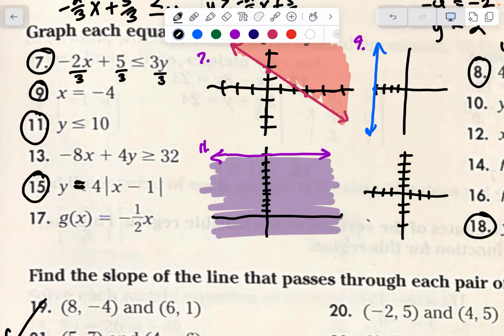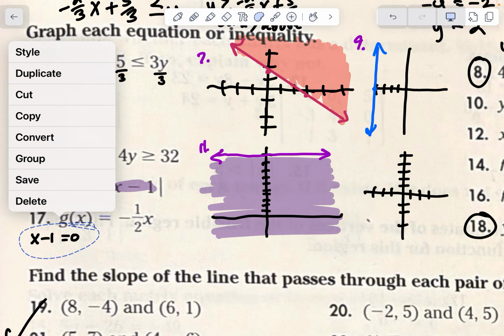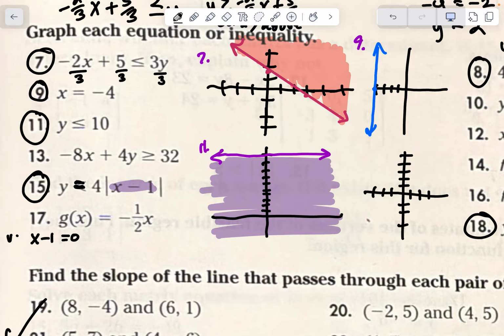We're going to take the inside. In this case, our inside is x minus 1. We're going to set x minus 1 equal to 0 to find our vertex. So in this case, our vertex is at 1. So that's our first step.